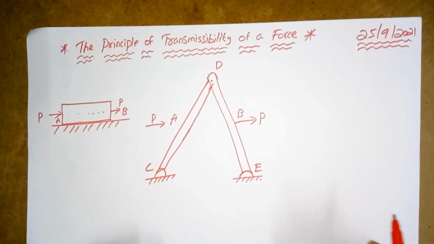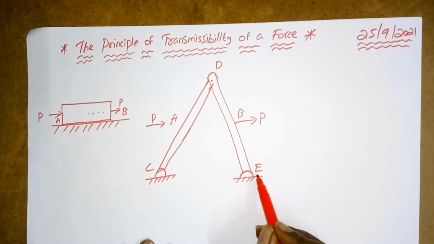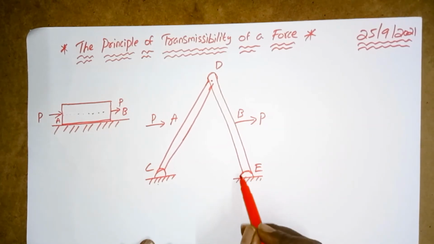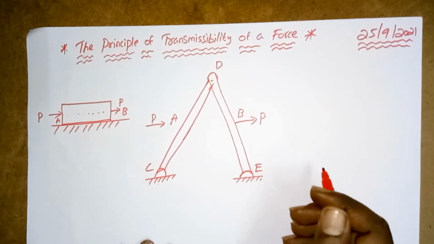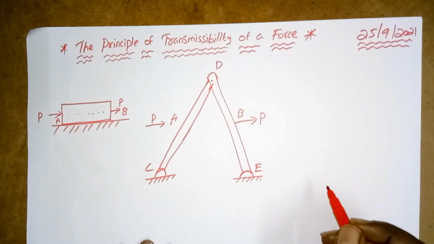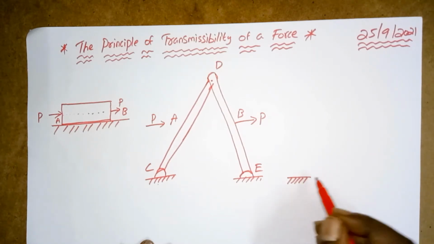Next, we will take one more diagram. Instead of this fixed point E, if we replace E with a roller, we will see how the principle of transmissibility of a force applies. Same diagram we will draw, showing the connectivity of these two bars and how we give the connection to this roller.